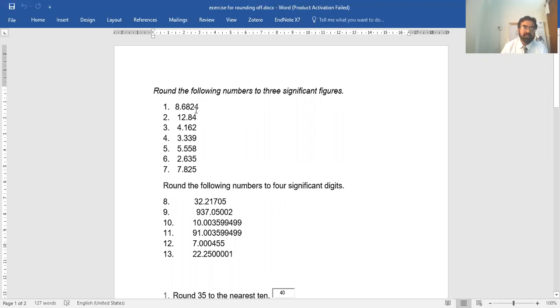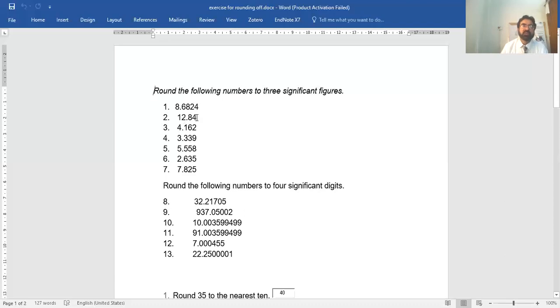Now consider the next digit. The first one is 4, which is less than 5. So you will delete the 4 and it will become 8.682. But if you want only 3 significant figures, including the figures at the left of the decimal, then you have to remove these 2. And if there is any, you have to consider the second one.